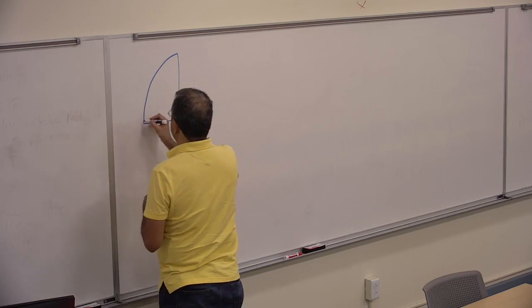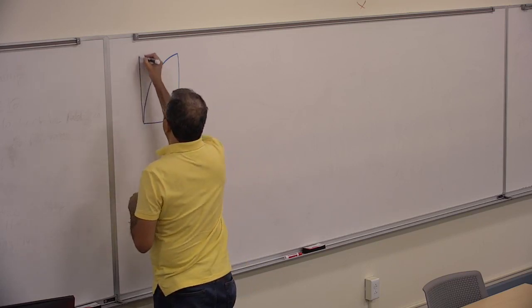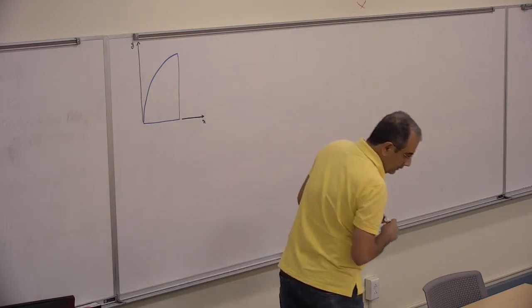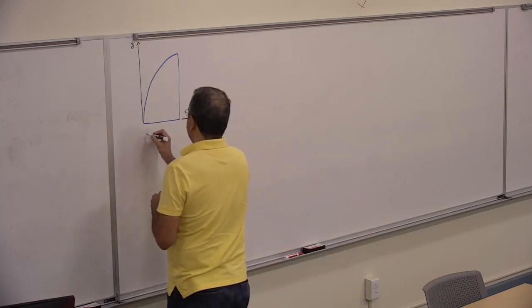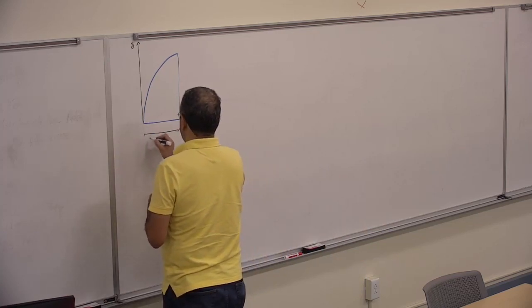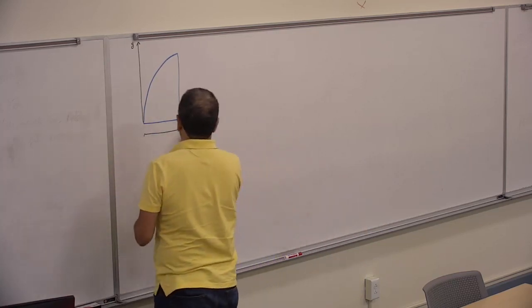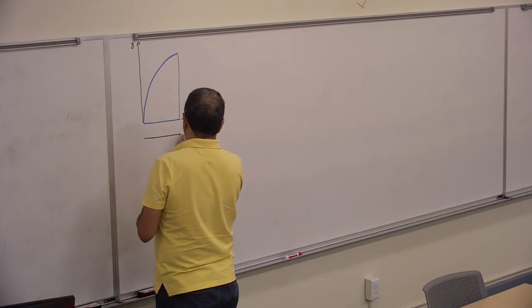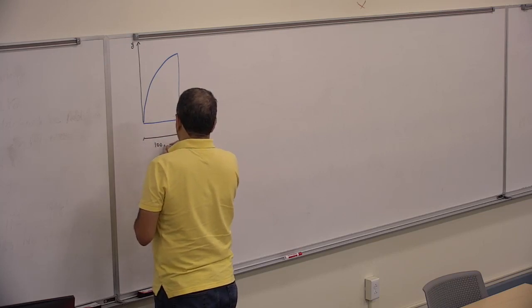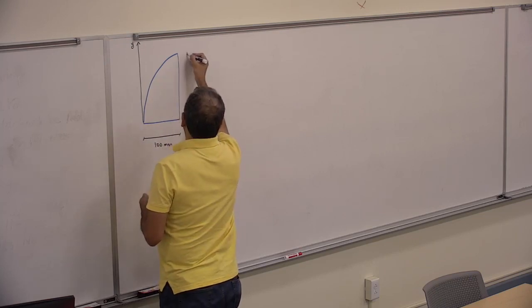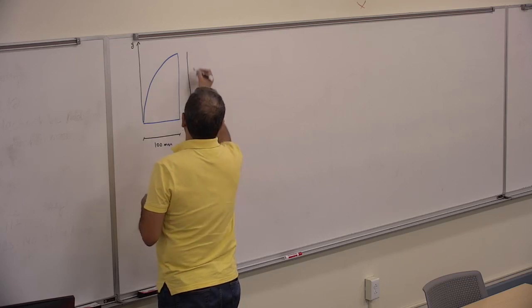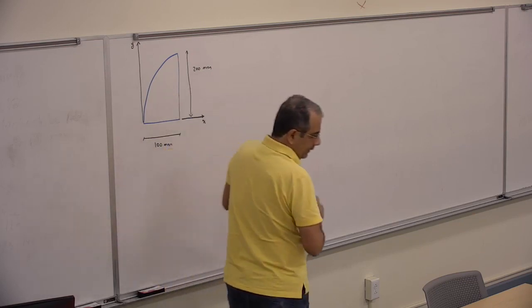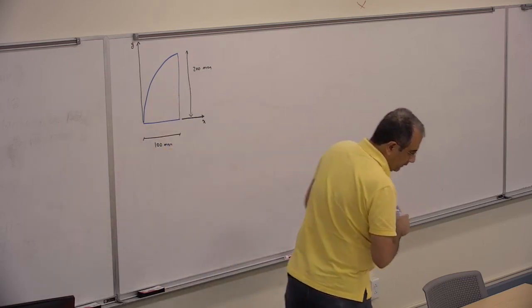X and Y, 100 millimeter, 200 millimeters. 100 millimeter. 200 millimeter. The equation for that is Y is equal to X.